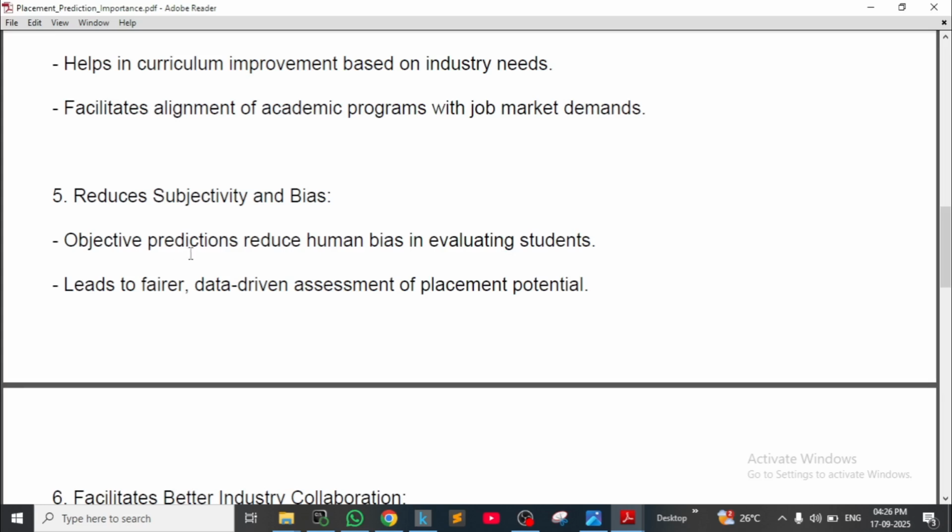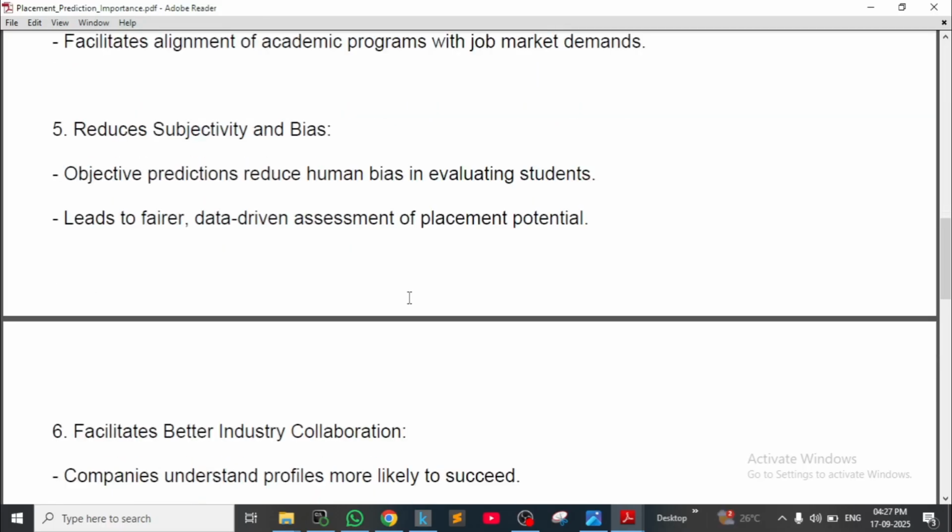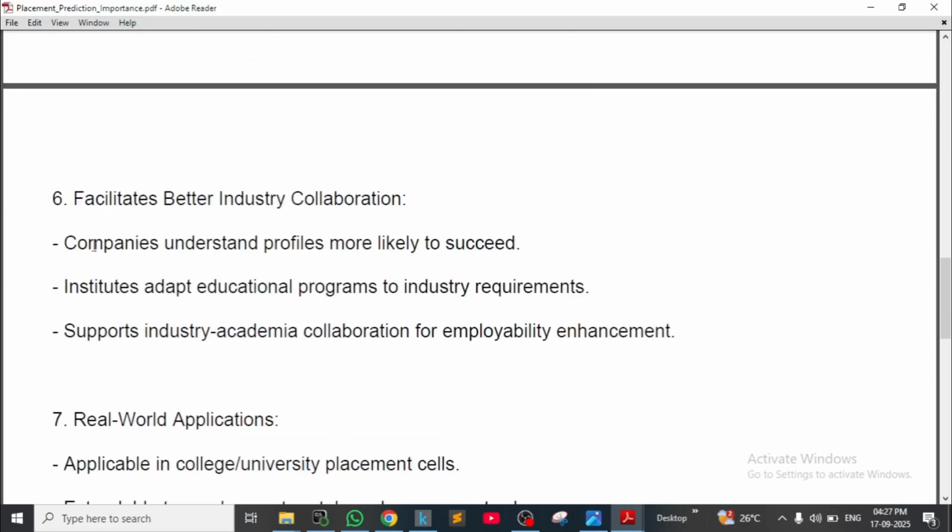Coming to reduced subjectivity and bias: objective prediction reduces human bias in evaluating students and leads to fairer, data-driven assessment of placement potential.